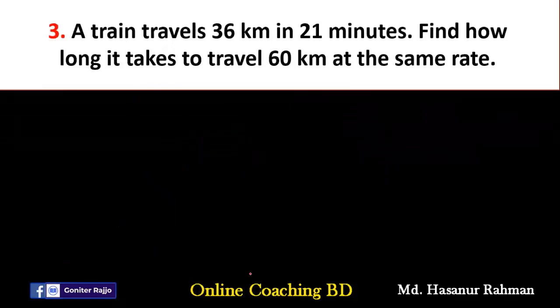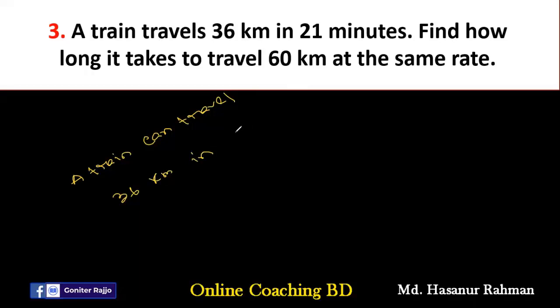Now number three says a train travels 36 kilometers in 21 minutes. Find how long it takes to travel 60 kilometers at the same rate. That means we have to find out the time. So how can we solve it? We can write in this way: a train can travel 36 kilometers in 21 minutes.